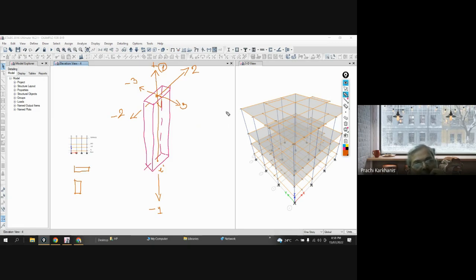Now here we say that tension will be considered as positive and compression will be considered as negative.